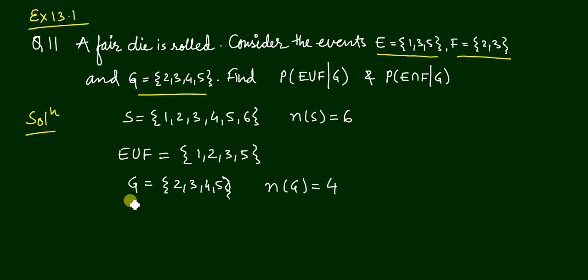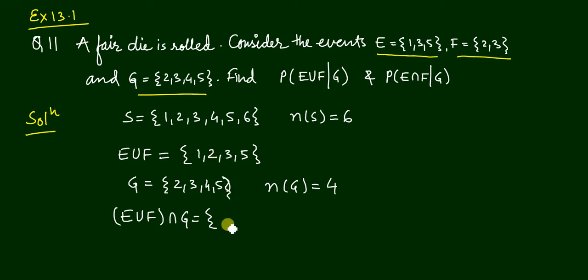Now to find out this conditional probability, we require the intersection of this and this, means intersection of E union F and G. Okay, so the intersection of E union F and G. So what is common in E union F and G?